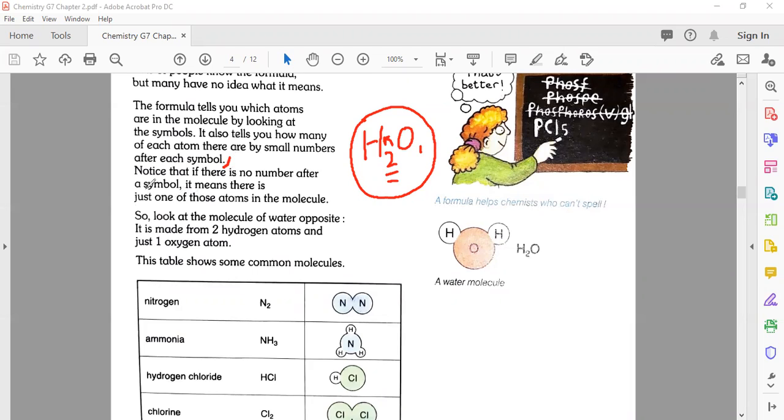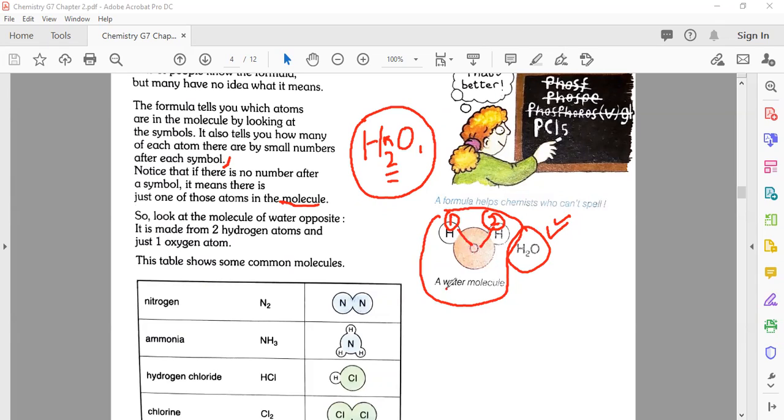Notice that if there is no number after a symbol, it means there is just one of those atoms in the molecule, like here with oxygen. You can see the water molecule like this. This is the first hydrogen, that is the second hydrogen. They make a chemical bond with oxygen, and you get H2O, the chemical formula of water.